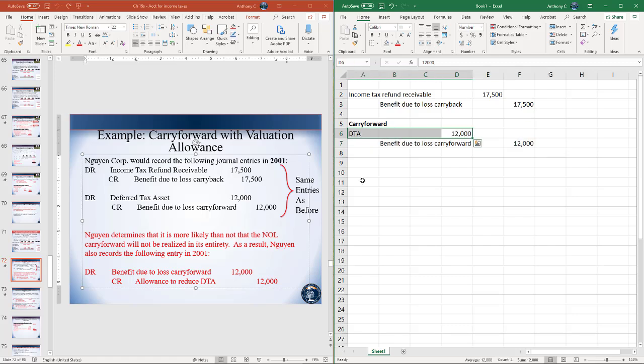If we expect not to realize it, we need to reduce our DTA by this $12,000. Again, instead of directly reducing the DTA balance, we will credit a DTA valuation allowance for that $12,000. And then we're going to debit benefit due to loss carry forward. In other words, we've made this journal entry to carry it forward. If it's not going to happen, we'll just reverse the journal entry.